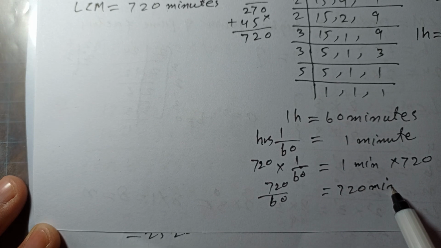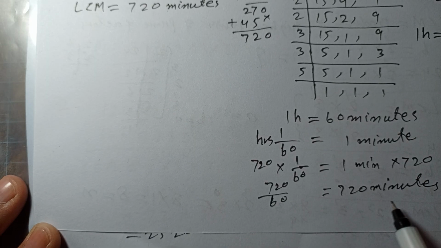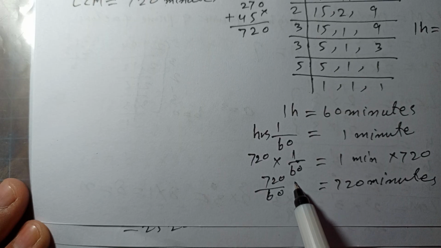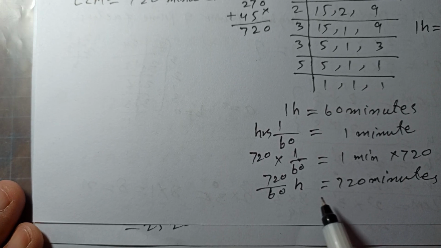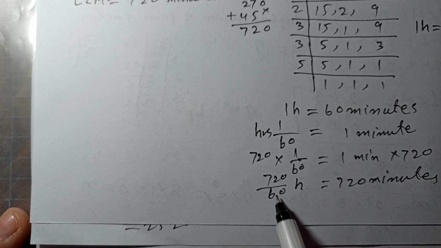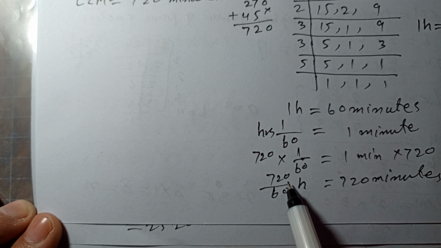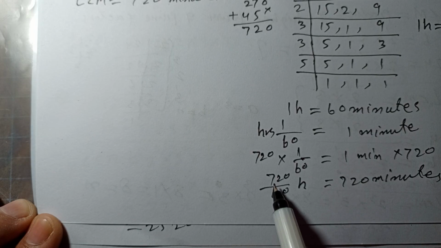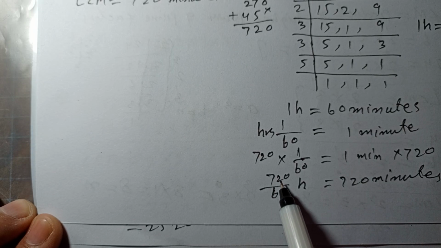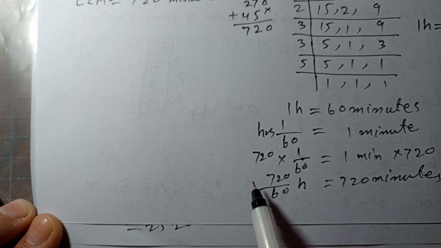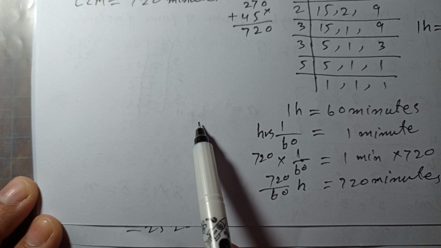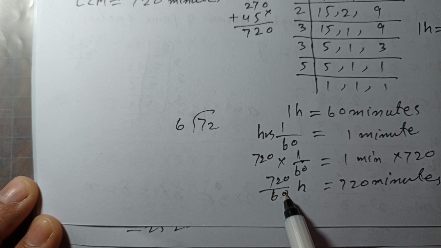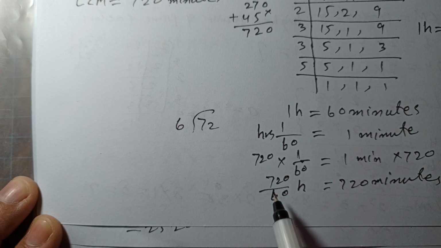In this way you will know how many hours are there in 720 minutes. So 720 divided by 60, you can see here that 0 can be cancelled out by 0, and you will divide 72 by 6, then you will get its answer.